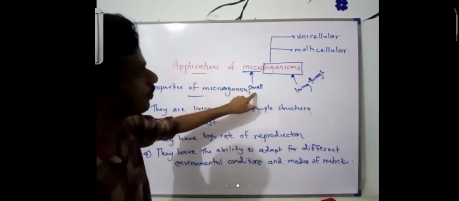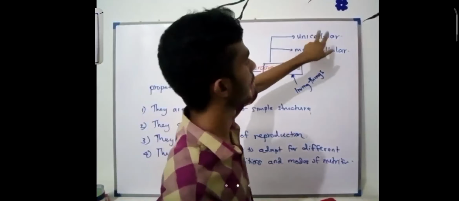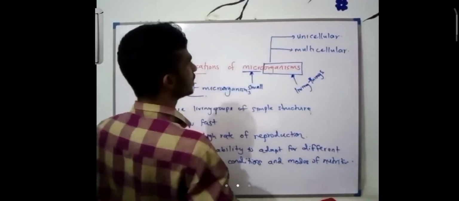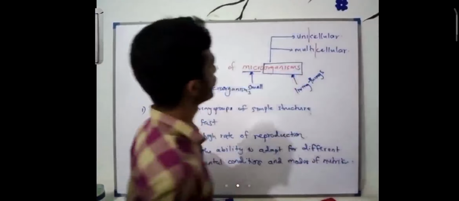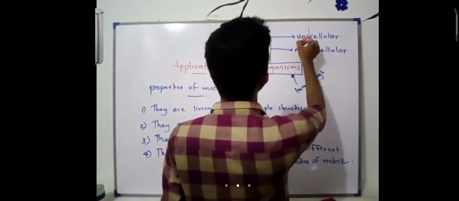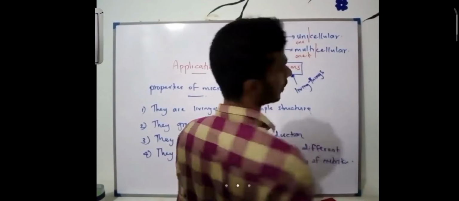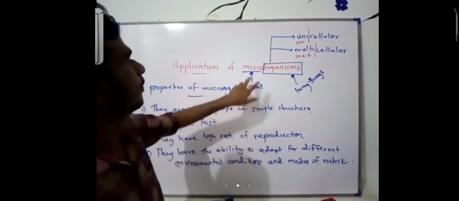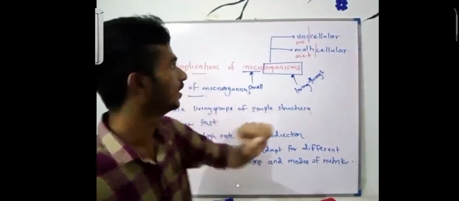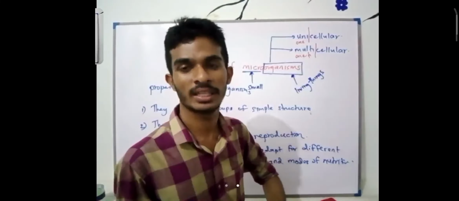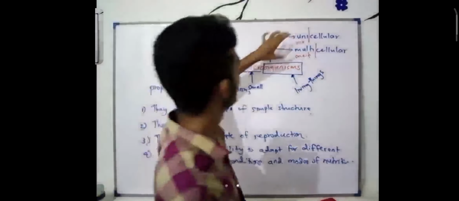Micro means small and organisms means living things. Likewise, we can divide unicellular and multicellular. Uni means single or one. Multi means more than one. So unicellular means microorganisms that have only one cell. Multicellular means microorganisms that have more than one cell. Okay? So these are the categorizations of microorganisms.